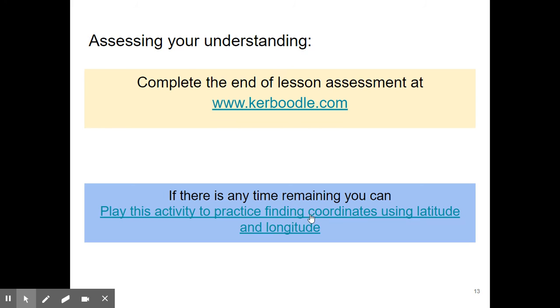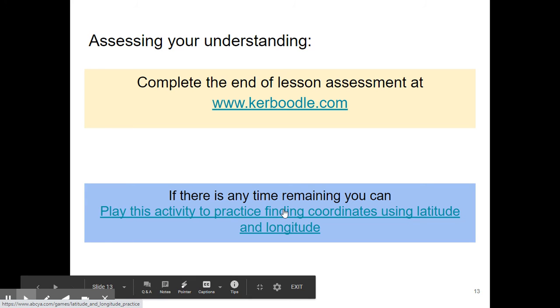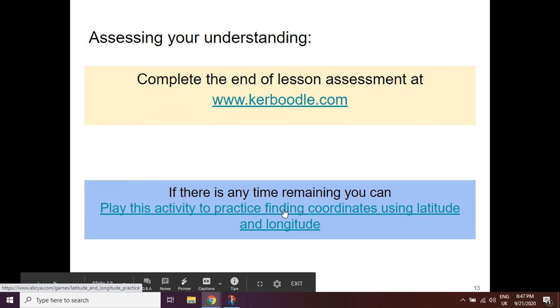If there is still time remaining in this lesson after having done those things, you can play this practice activity, which is kind of fun. I'll just open it up for you.